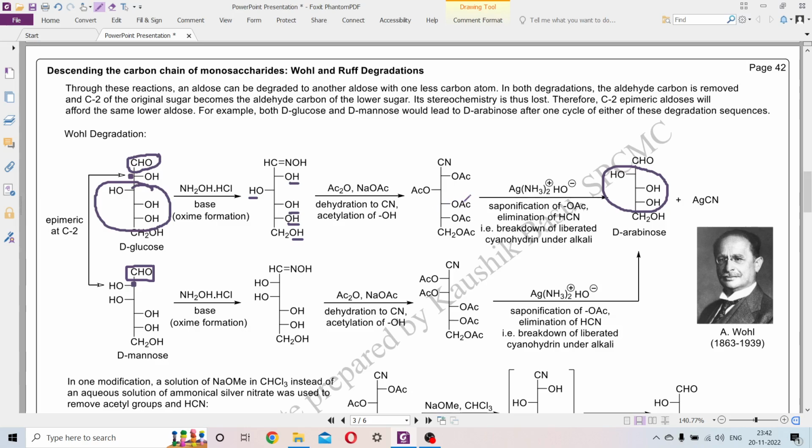And now you are converting these into the same acetic anhydride in sodium acetate reagent, which will also eliminate a molecule of water from this oxime and will give you the cyanide.